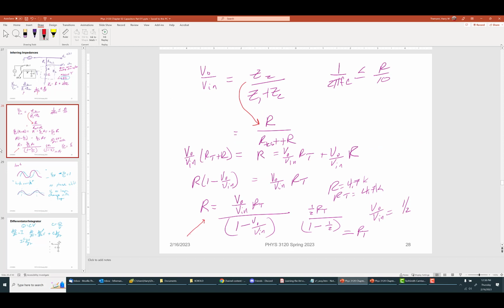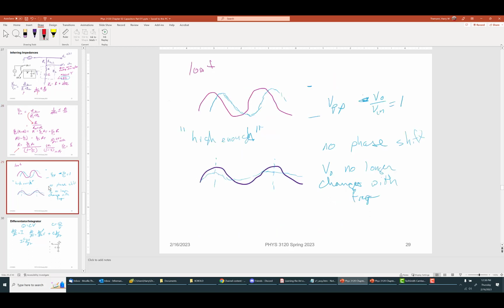Then we can plug that back into this equation to get the value for R. And of course, the last step, which I didn't write here, is that we have RC equals tau.